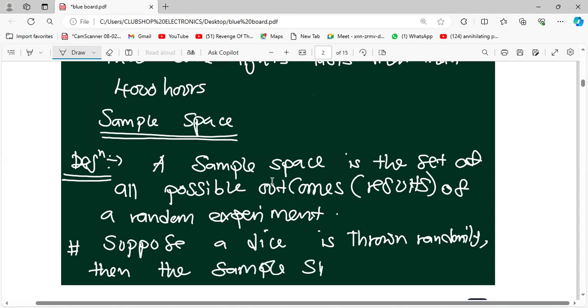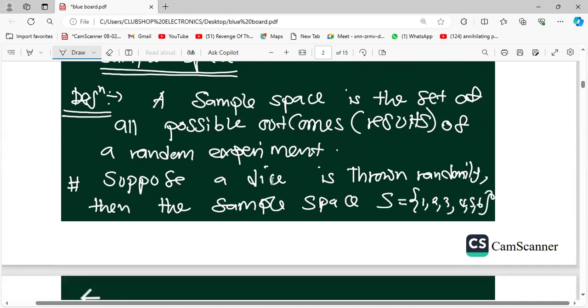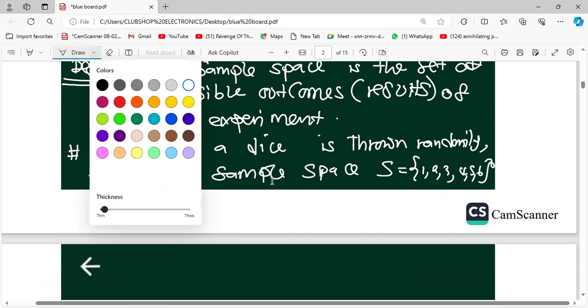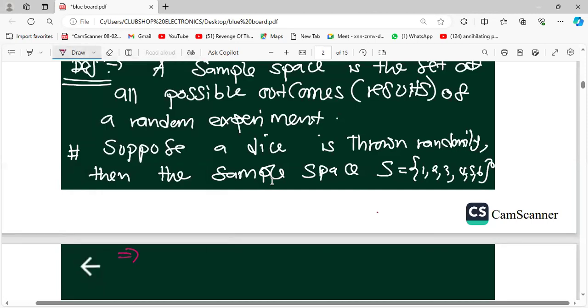Sample space denoted by S is equal to 1, 2, 3, 4, 5, 6, containing all these possibilities, okay? And you can see clearly that this sample space contains some odd and even numbers, all right?